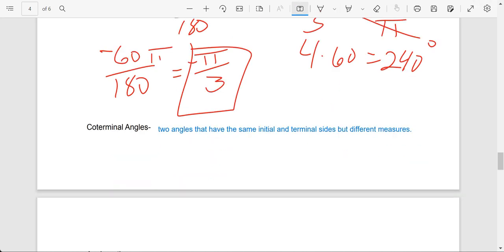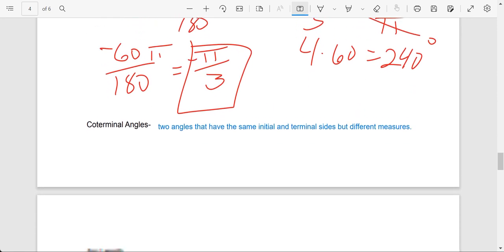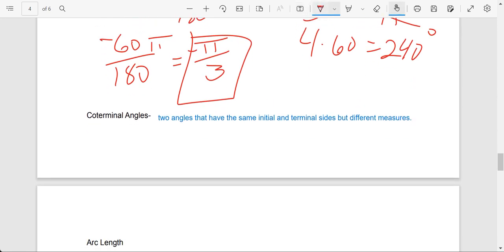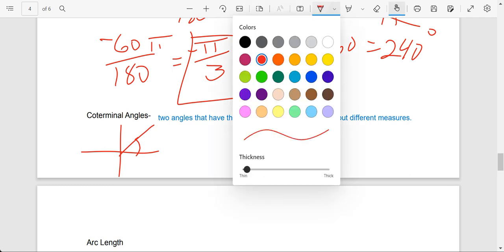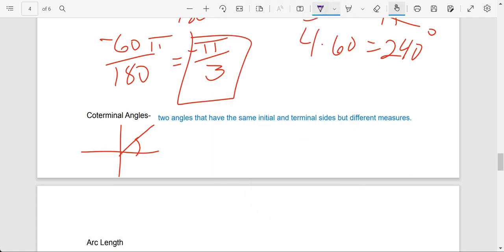The thing with circles that we're dealing with here is that they can keep going round and round, okay? Because if I say I have an angle right here, I can keep going round and round, folks, and get to the same point again.